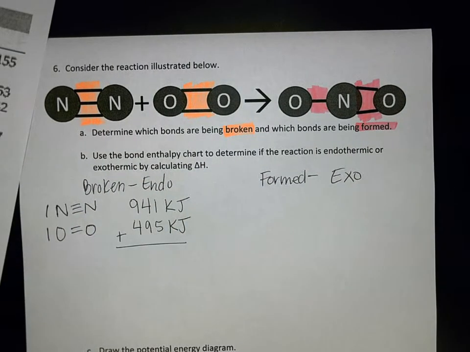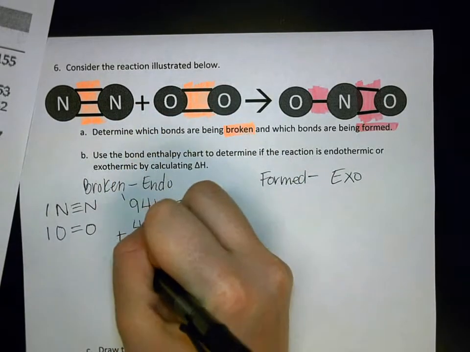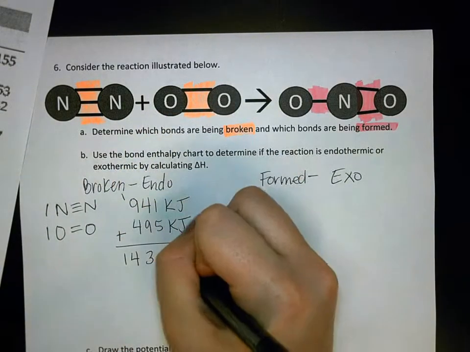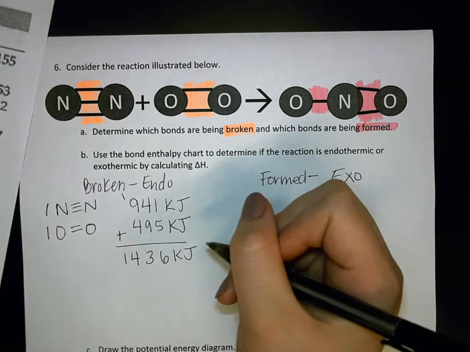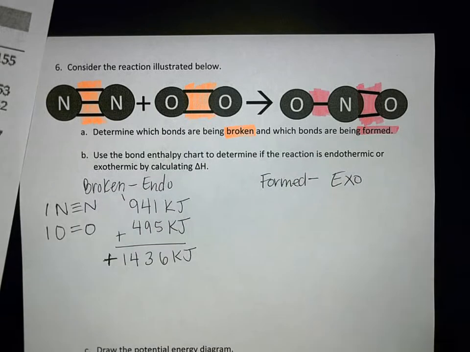So whenever I do 941 plus 495, I end up with 1,436 kilojoules. Because this is endothermic, this number will be positive.